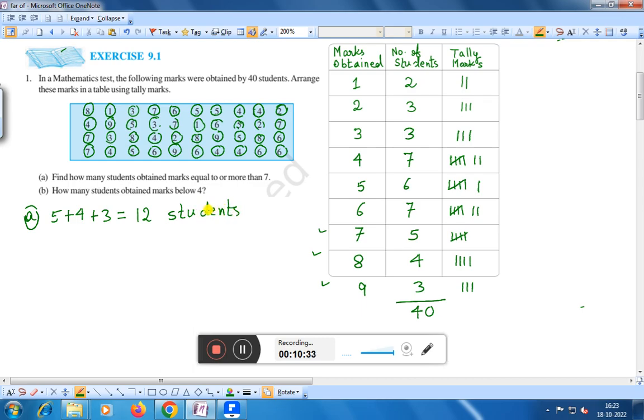Right? 12 students obtained marks equal to or more than 7.